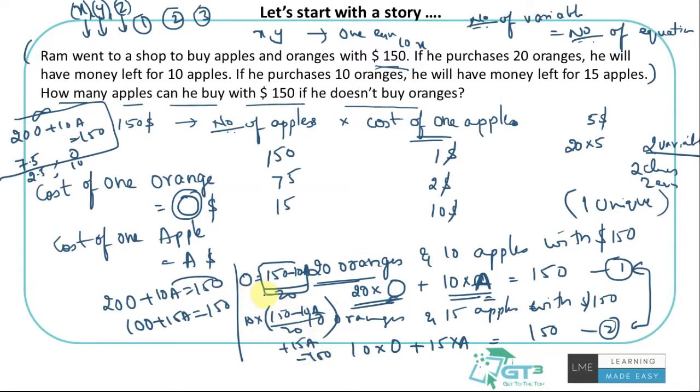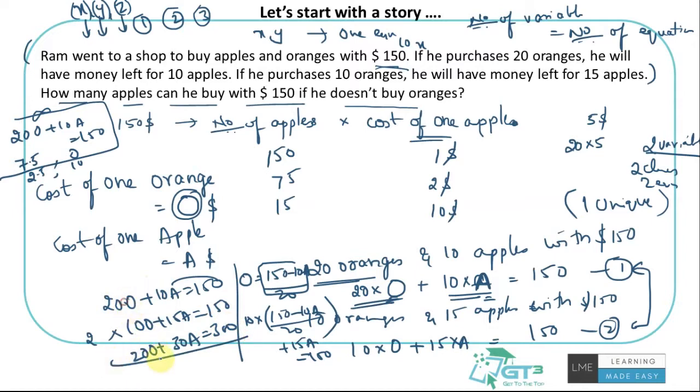This is one way, which is a bit tedious according to me. The other way is to multiply equations with some constant number such that the coefficient of one of the variables is the same. This is 20O, so if I multiply the second equation with 2, it becomes 40... sorry, 20O plus 30A equals 300.